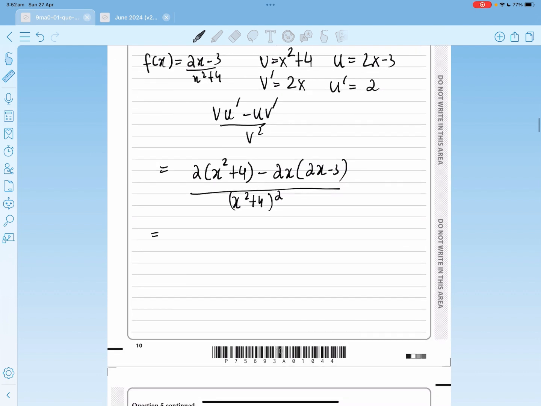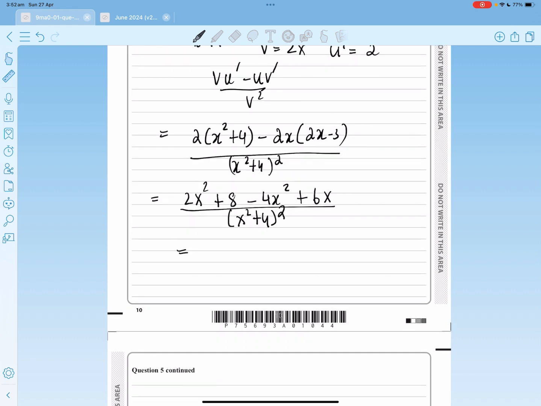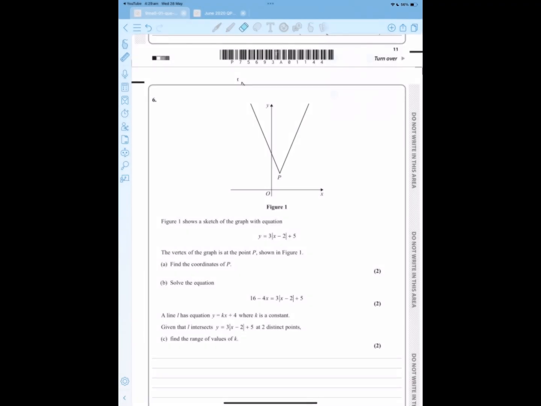Now we can further expand this, and we'd get 2x squared plus 8 minus 4x squared plus 6x, over x squared plus 4 squared. And then when we do it further, we get minus 2x squared plus 6x plus 8 over x squared plus 4 squared.